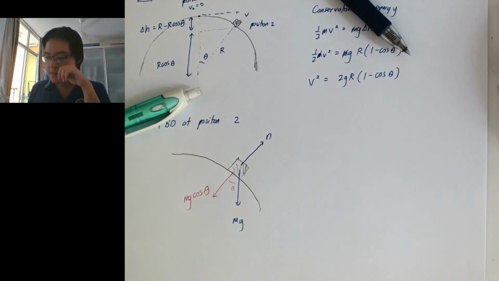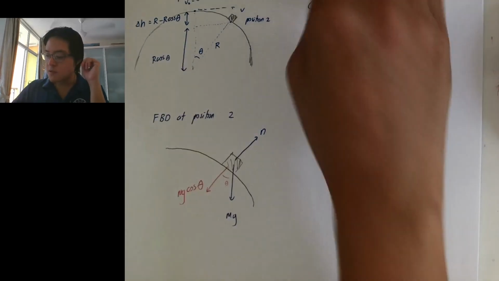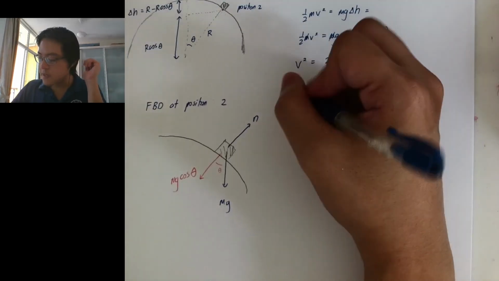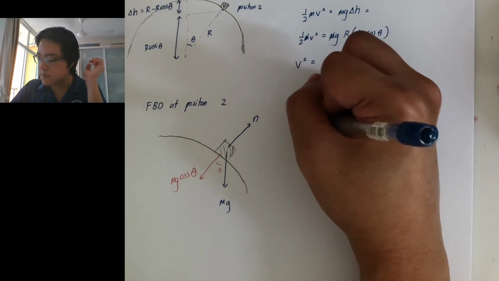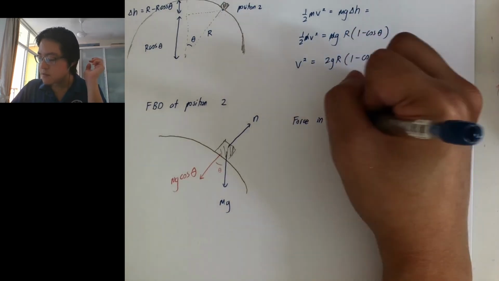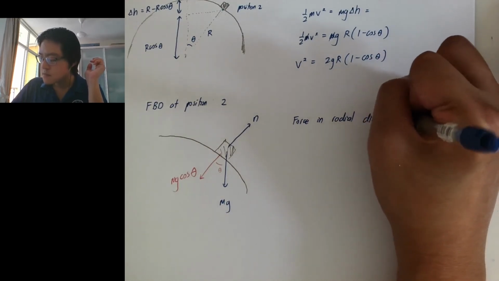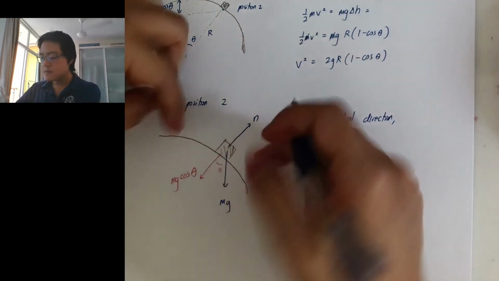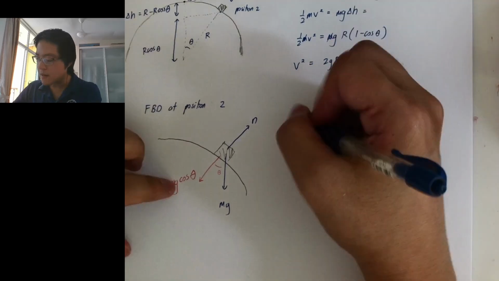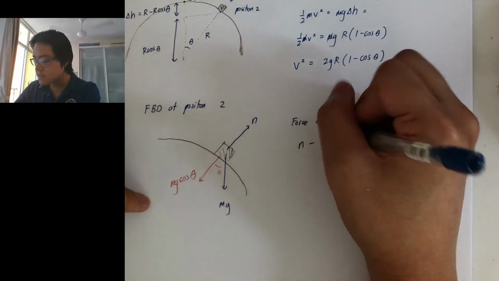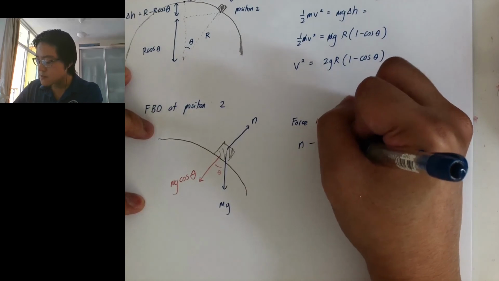Mg cos theta. So the net force in the radial direction is this minus mg cos theta.